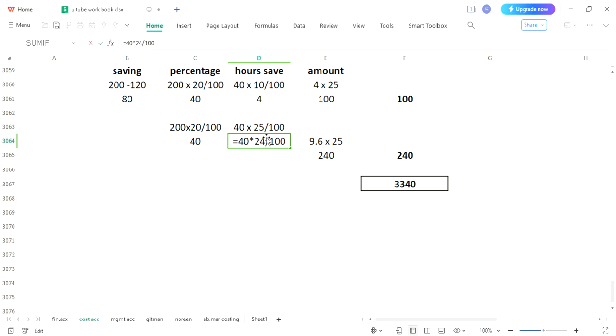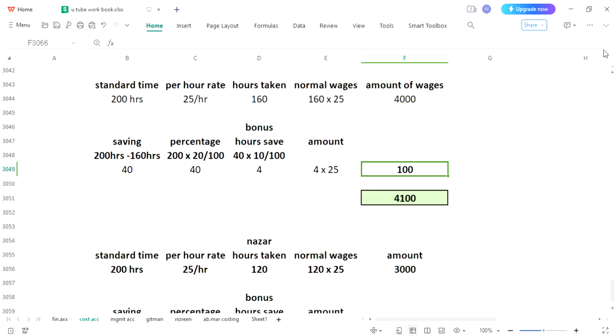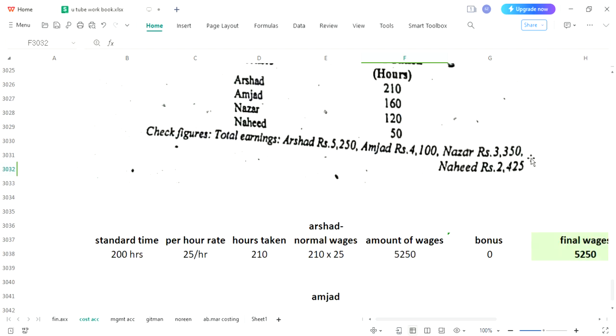It is typographical, sometimes it happens, doesn't matter. So in this way you will calculate 9 point, it was not 9 point, it was 10. So we have got our answer as 250, and the same would be put over here, 3350. So we have got 3350 for Nazar.